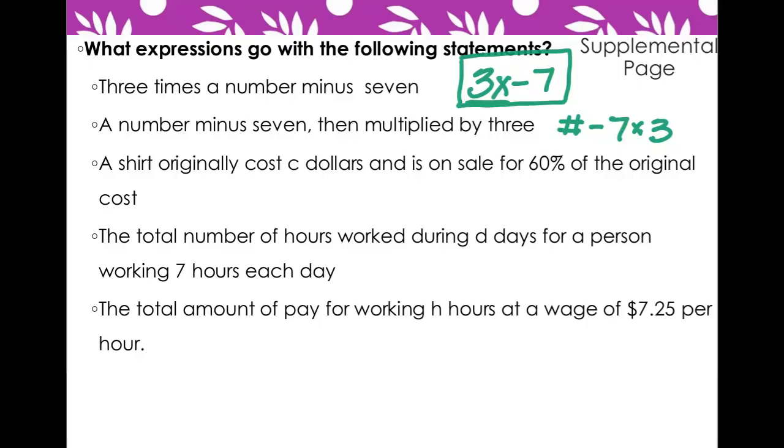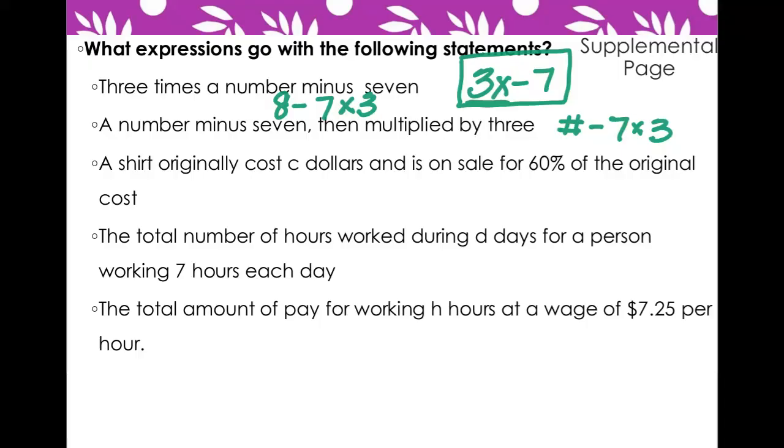Yes? I heard no. Well, let's try something. What if I said 8 minus 7, then multiplied by 3? What would that answer be? If we do it this way, it would be 8 minus 7 times 3.